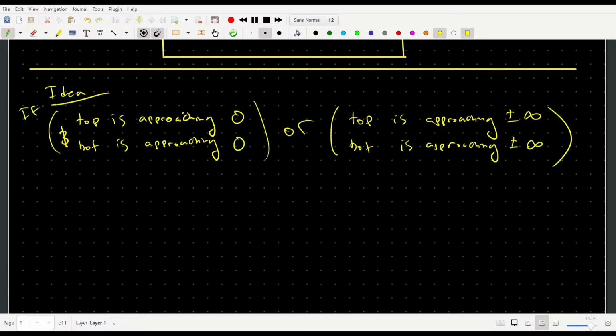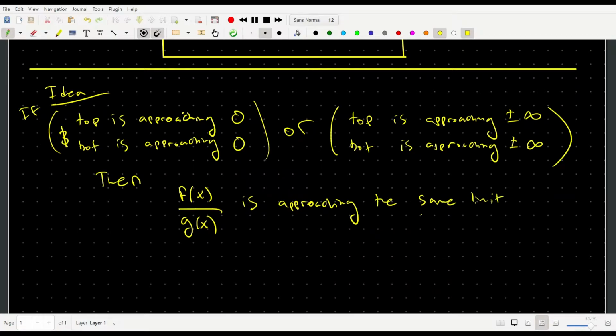So if one of these two things is true, then L'Hopital's rule is saying that f of x over g of x is going to the same limit as f prime of x over g prime of x.